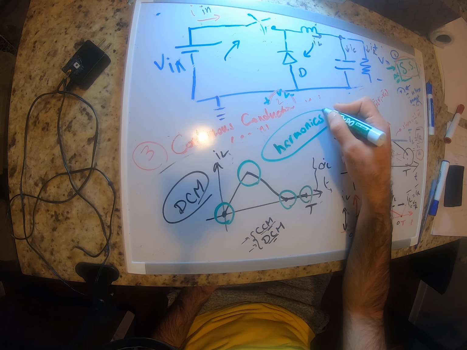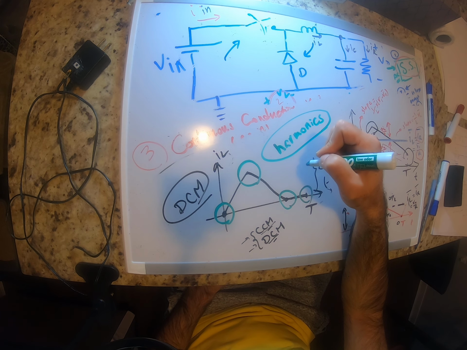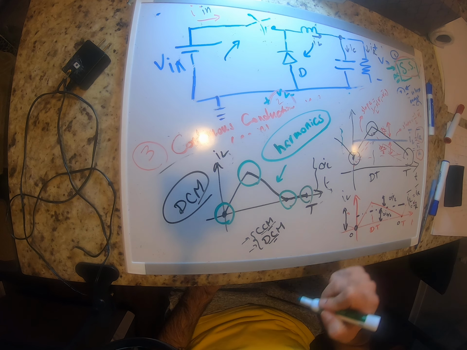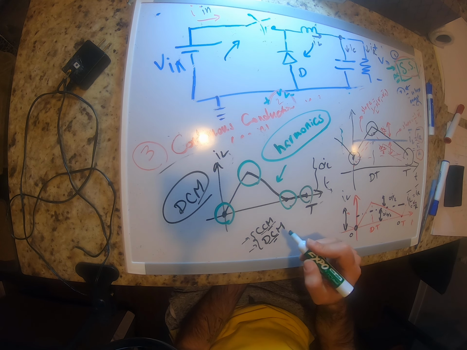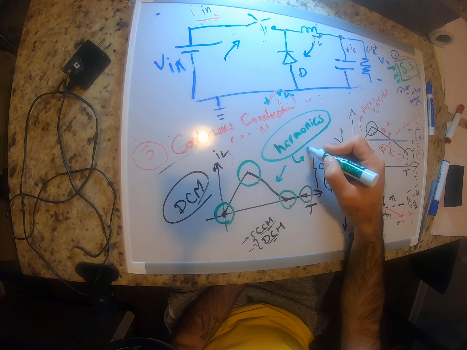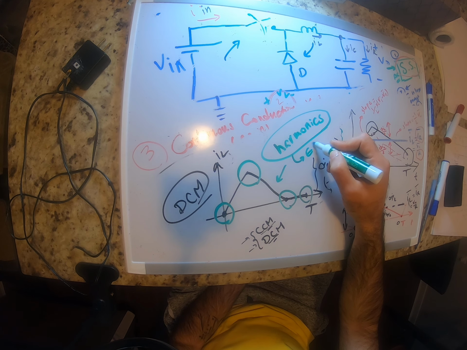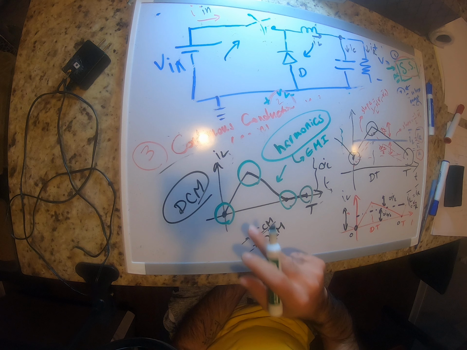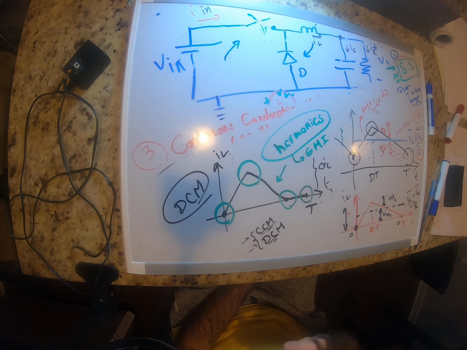If we do harmonic analysis, or a Fourier transform, for these two waveforms, we see that here we have more harmonics. So in the DCM, we end up with more harmonics, and therefore more electromagnetic interference. That's the disadvantage of DCM compared to CCM.